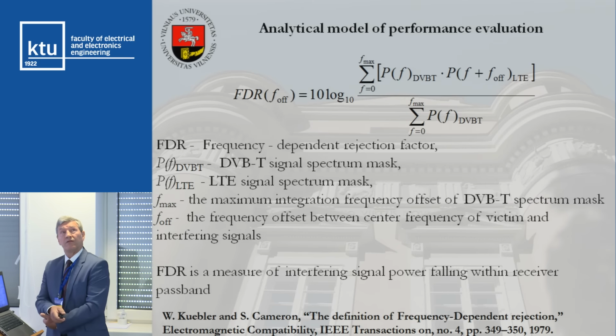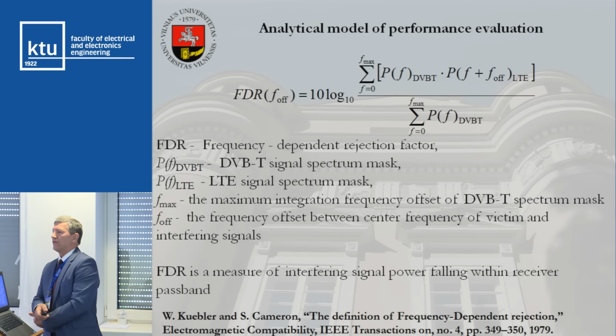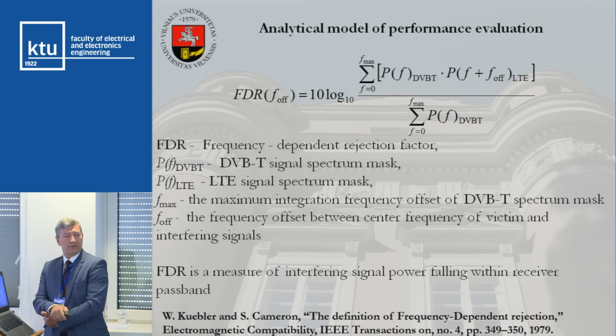The analytical model of performance evaluation is based on the frequency-dependent rejection factor, defined in the article by Quebler-Cameron. Qualitatively, this factor means the power of the interfering signal falling within the receiver passband.